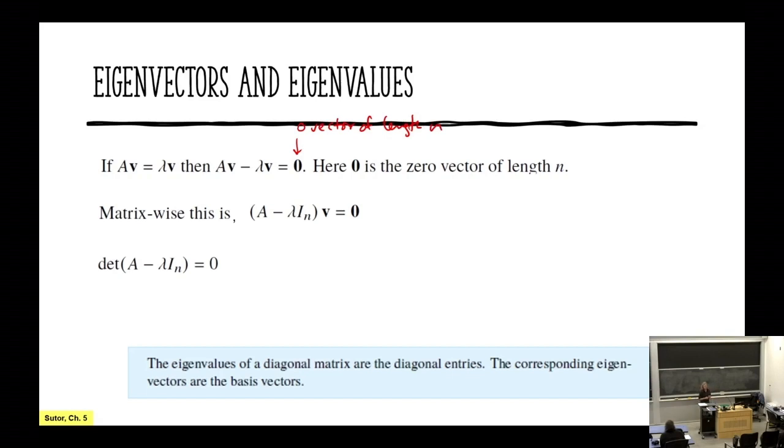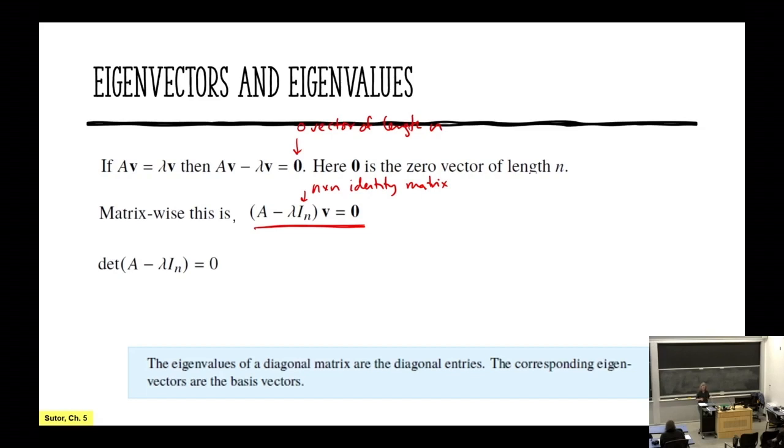So matrix-wise, I can express this in the following equation. I have A, my matrix, minus scalar lambda times the n by n identity matrix, times my vector equals 0.